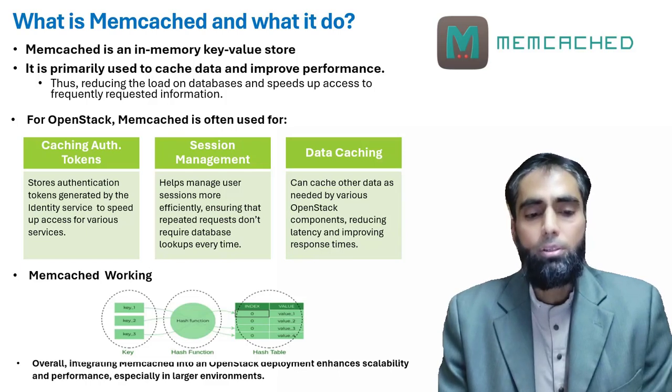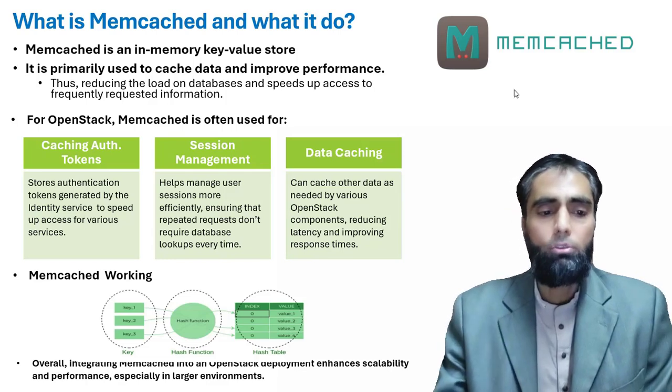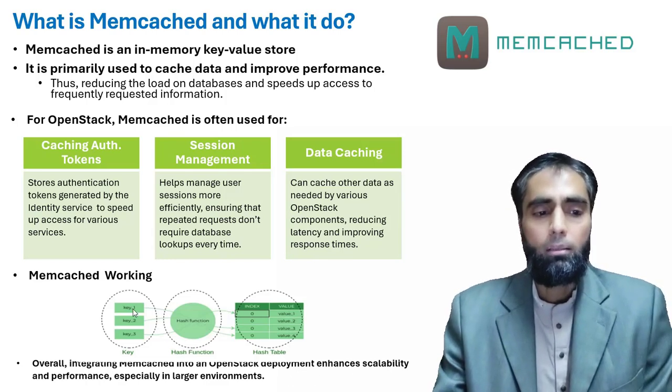Memcached is basically a key value store where it uses a hash function and the key to access certain values or data stored in Memcached. As we can see in the diagram of Memcached working, there are a number of values stored in the Memcache, and each has a certain index and its value.